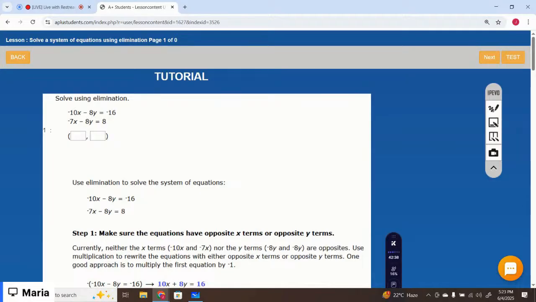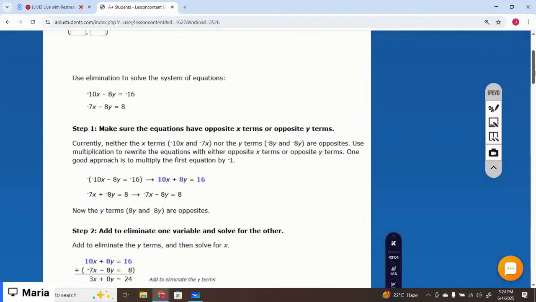Negative 10x minus 8y equals negative 16 and negative 7x minus 8y equals 8. So we need to solve the equations using the elimination method, right? So make the y terms opposite.